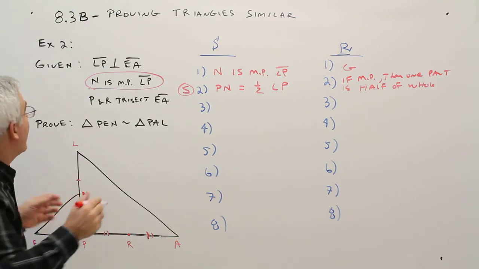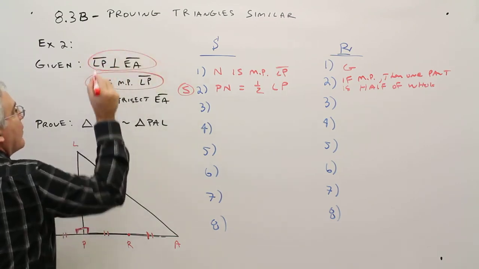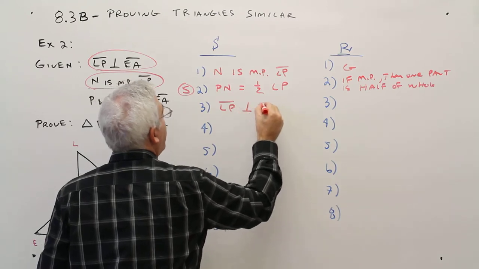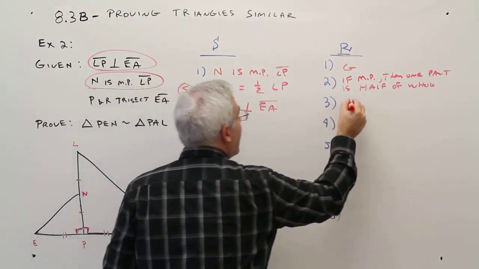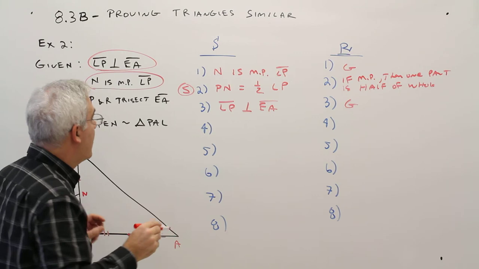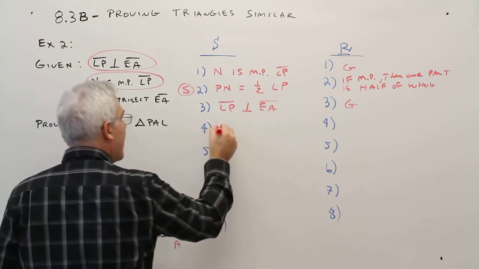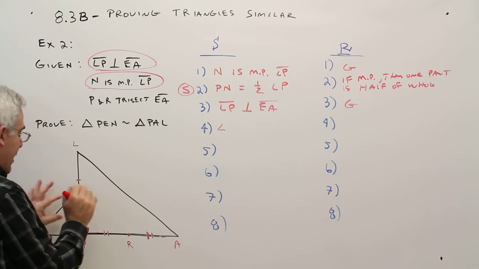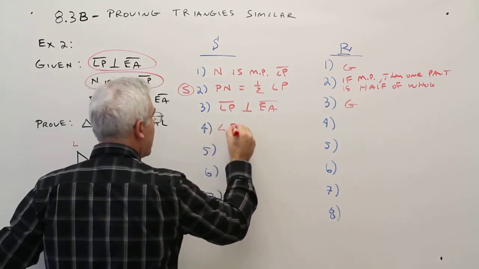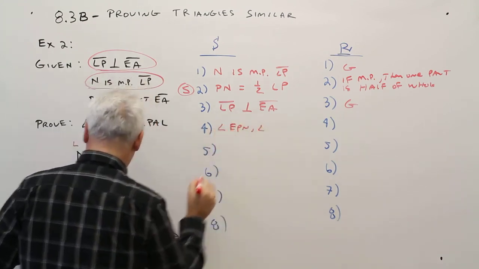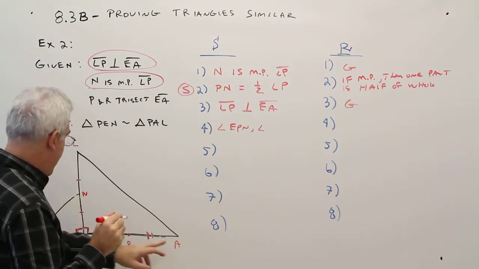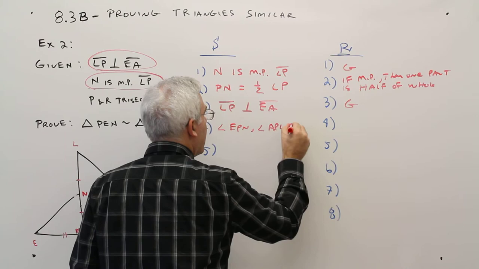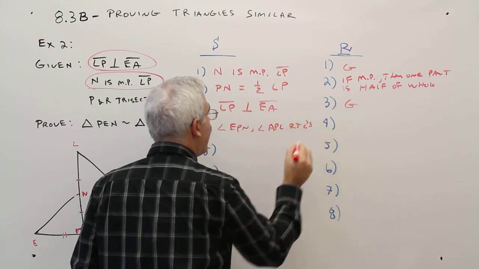Now I'll go for the angles. That's easy. I'll use this. LP is perpendicular to EA. That was given. That's going to mean angle EPN and angle APL are right angles.